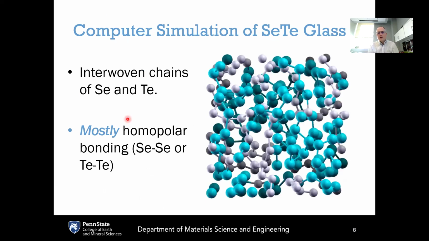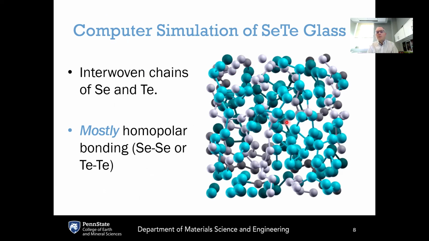This shows an example of a computer simulation of a selenium tellurium glass. Here you can see that both selenium, which is shown in the gray, and tellurium, which is shown in the aqua color, are both two-coordinated because they're both in that same chalcogen element column of the periodic table.